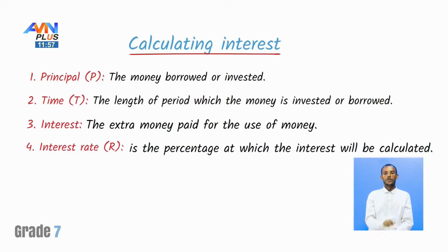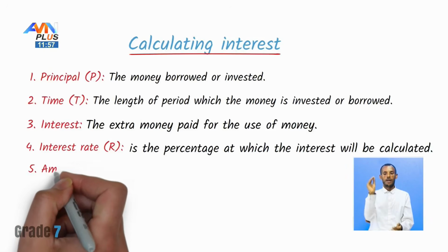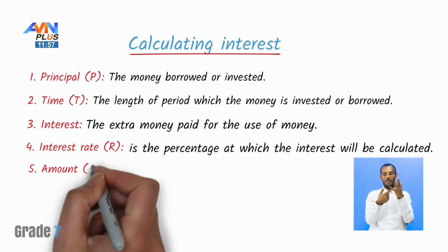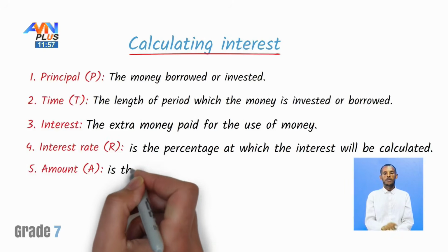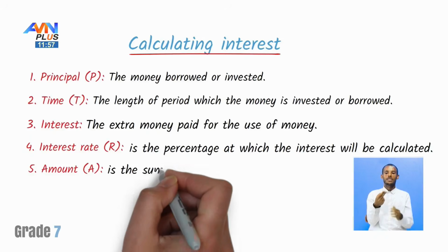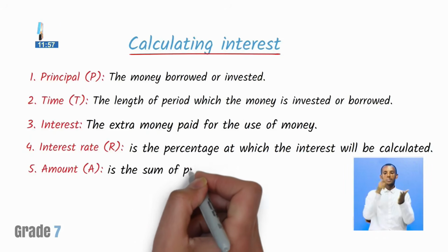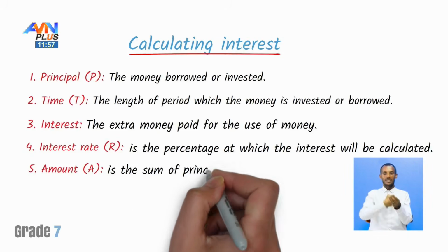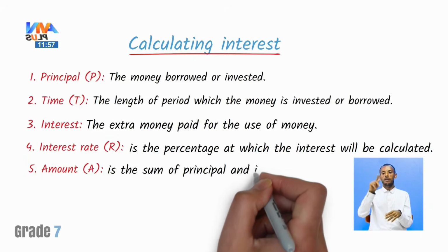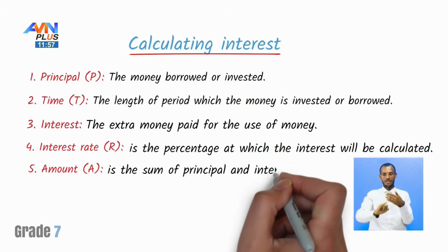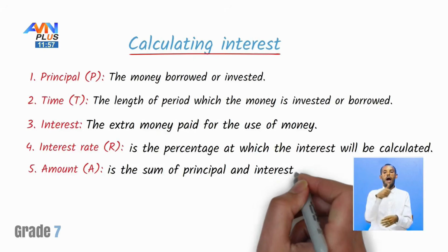That's it. And one more terminology is this: amount. We use capital letter A for amount. What does this mean? It is the sum of the principal, or the money you invested, plus interest together. We call this amount.